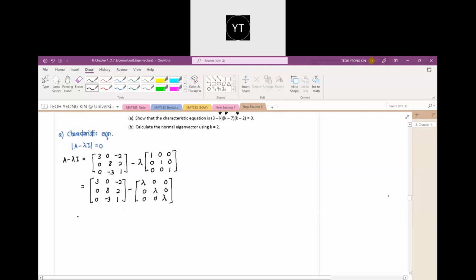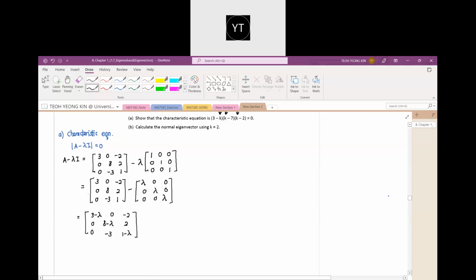So from here, I should have 3 minus lambda, 0, negative 2, 0. Here we have 8 minus lambda, 2, 0, negative 3, and 1 minus lambda.